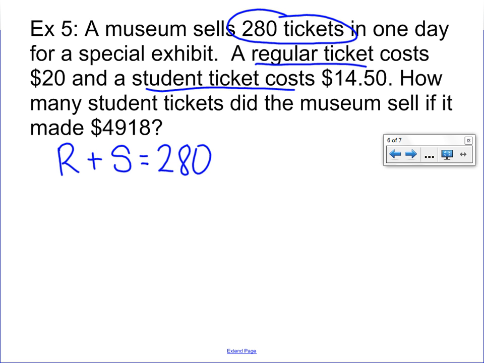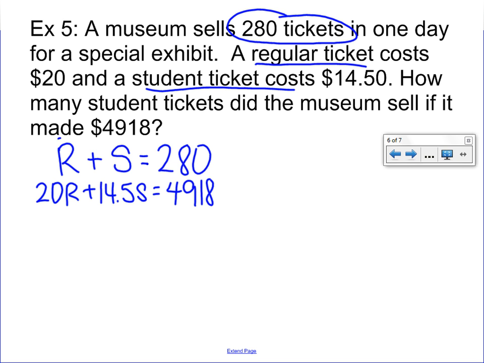So, regular tickets being $20, I can represent that by saying 20R plus 14.5S equals 4,918. So now, for me to get a variable that's going to cancel, the one that I want to do, because it's easier in my mind, is the R, because it'll be easier to do it without having a decimal. It'll just be an even number.